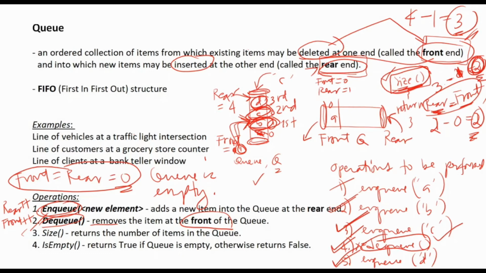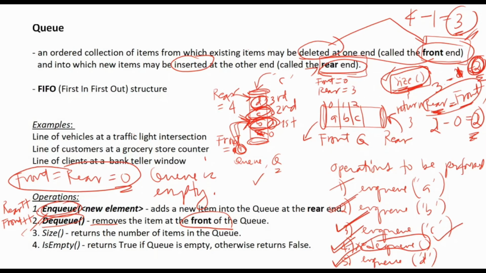When we insert B, at index 1, we have B, and rear becomes 2, right? When we insert C, at index 2, we have C, and this time, the rear value is equal to 3 because every time we enqueue, we increment the rear value.